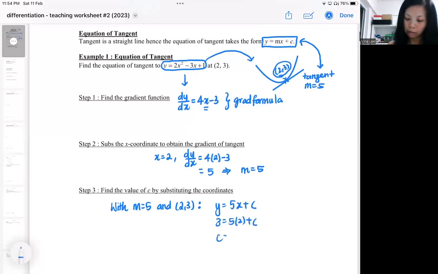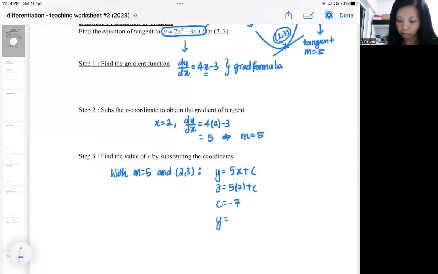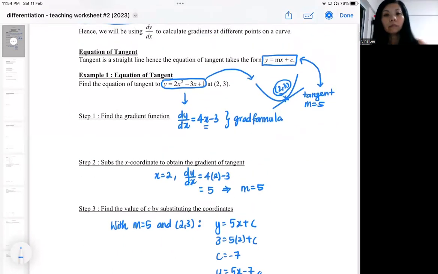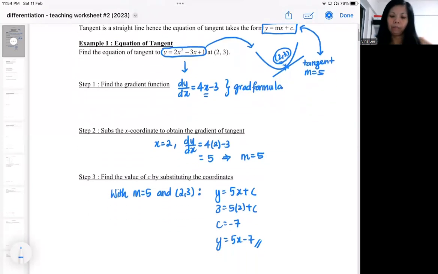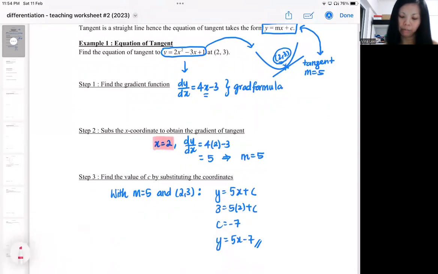That's why this part behaves a lot like coordinate geometry. So that is the equation of the tangent. The steps are quite simple. One of the common mistakes is that some students forget to substitute the x value.